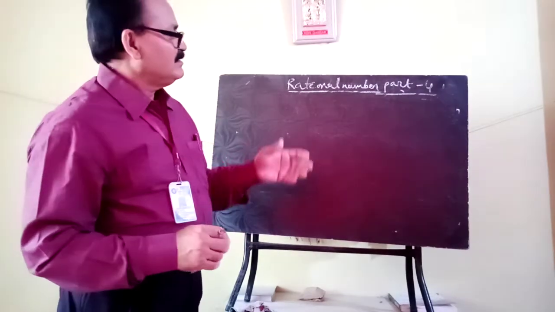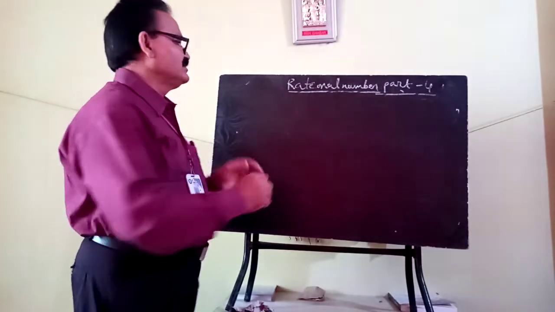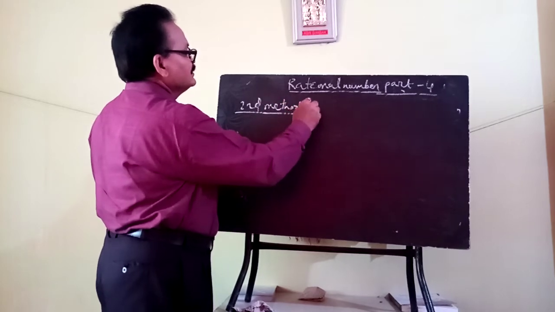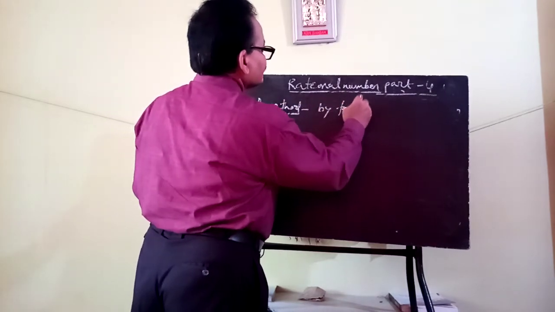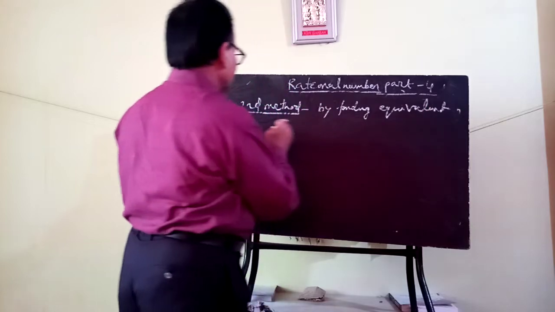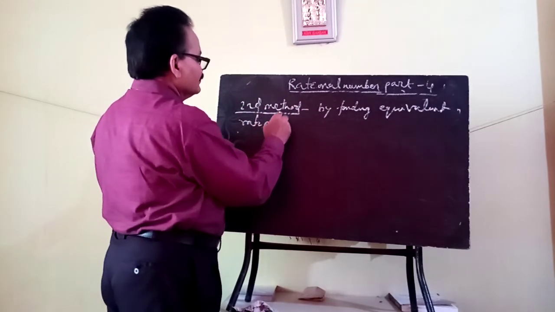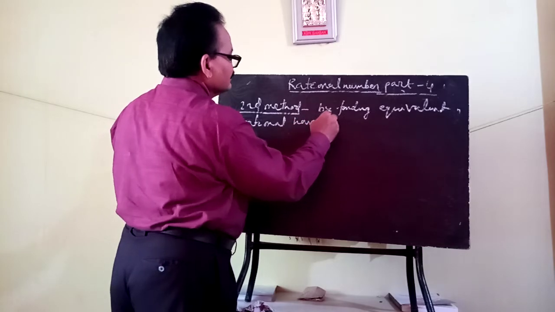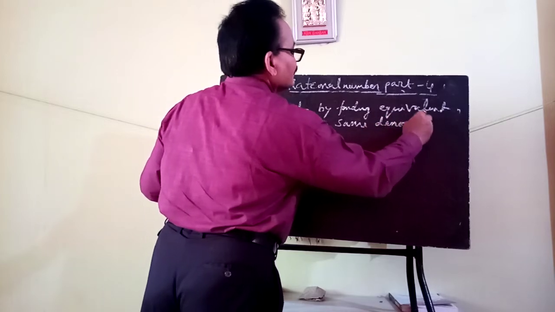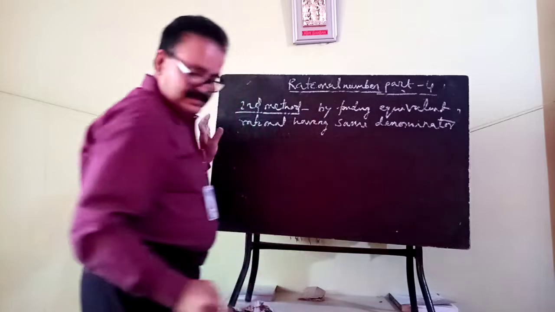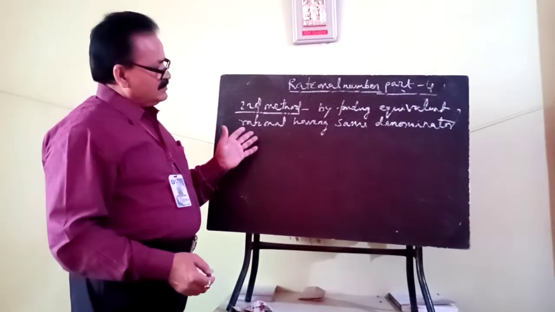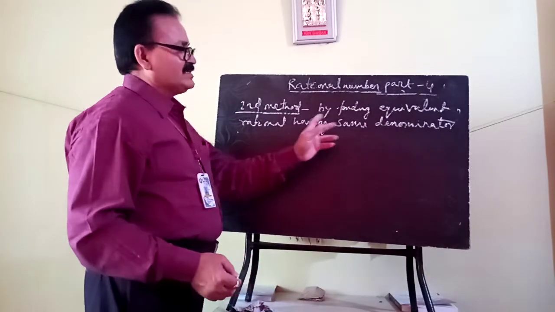Second method is by finding equivalent rationals having the same denominator.